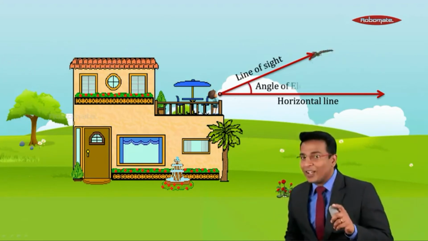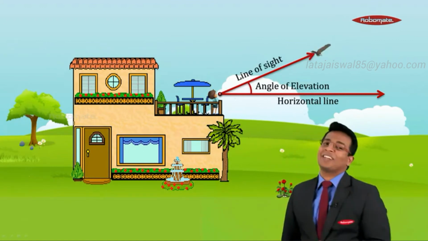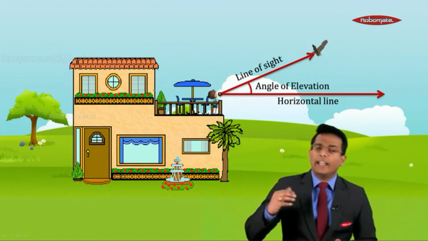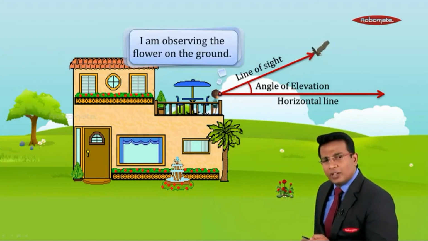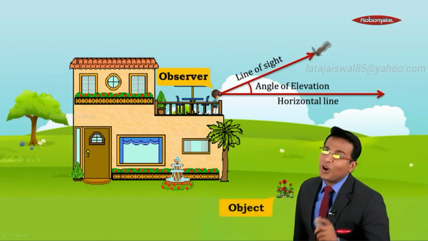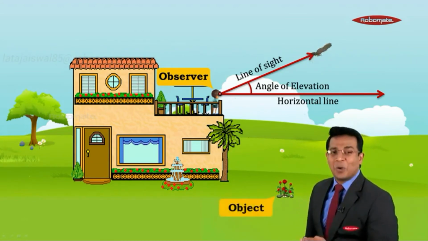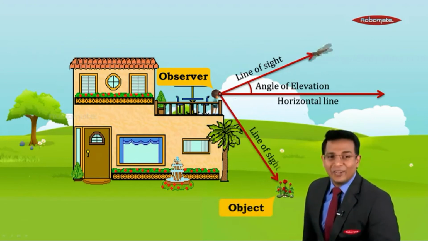And you know why it is angle of elevation? Because here that line of sight is above the horizontal line, right? Now the next concept which we had learned. Again, Raj is observing the flower on the ground. Now Raj becomes the observer and that flower becomes the object. The straight line connecting them is the line of sight.